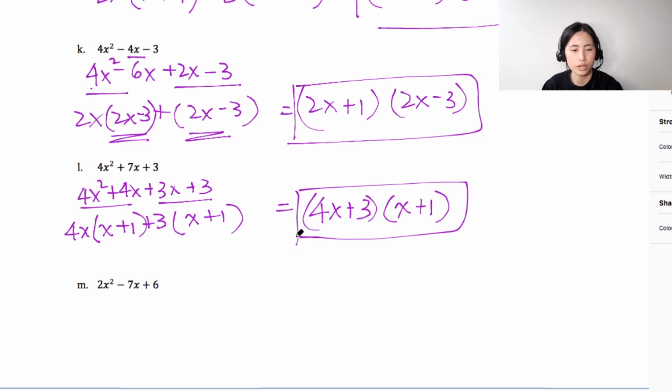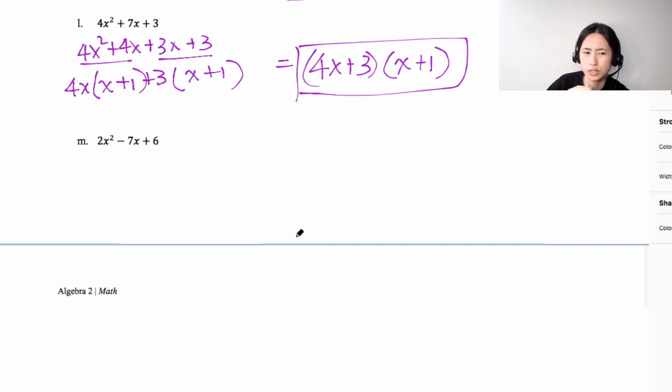So now let's move on to part M. We have 2x squared minus 7x plus 6. Again, all we have to do is think about negative 7x and how we're going to break this into two terms. Let's say we have negative 4x and minus 3x, because 7 is based on 3 and 4. So we have negative 4x minus 3x, and you have plus 6. And don't forget the 2x squared here.